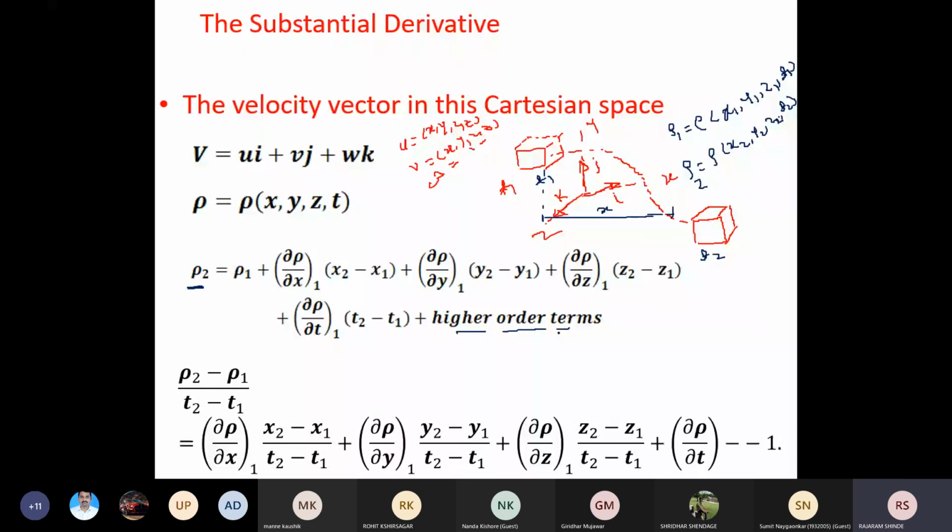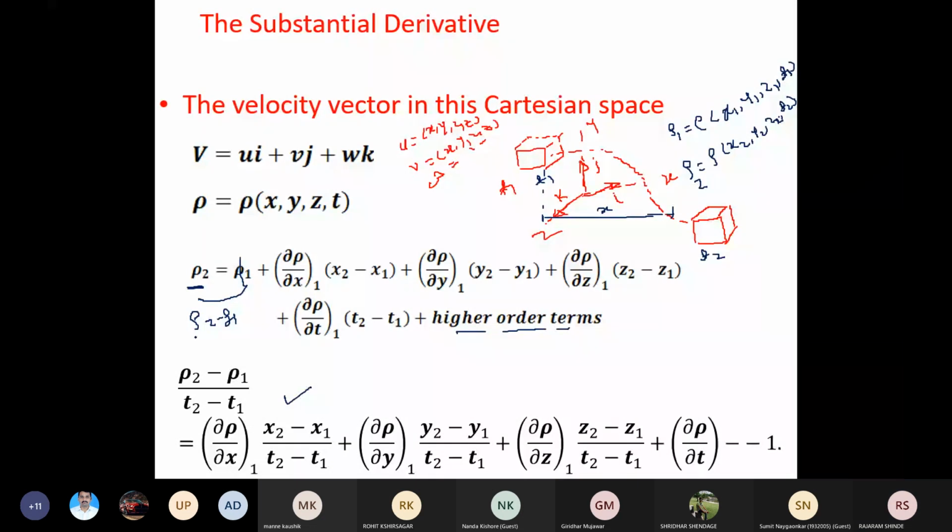Now what I am going to do, I am going to take this rho 1 to this side, it becomes rho 2 minus rho 1. This term will be removed from here. After that, I am going to divide this whole equation by t2 minus t1. Now when we divide by t2 minus t1, you will get this equation. You can see here rho 2 minus rho 1, I have taken rho 1 to this side, divided by t2 minus t1.